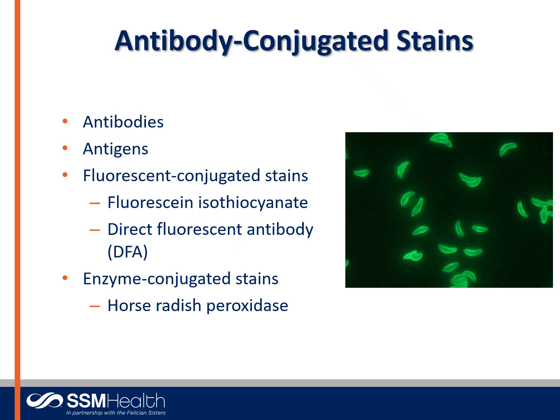Direct immunofluorescent techniques can be used to detect Legionella and Bordetella in clinical specimens. And then there are enzyme conjugated stains, such as horseradish peroxidase, which produces a color end product that can be measured photometrically. It's primarily used to detect viruses. But once again, as I said, we don't typically see this in a routine microbiology lab, but it is out there.